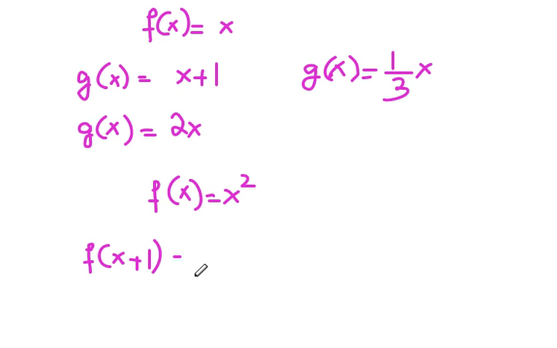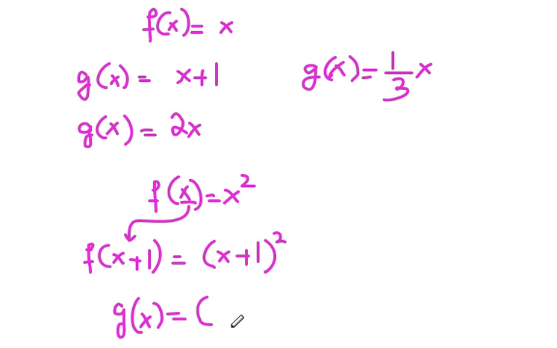Instead of this x value, I'm placing x plus 1 here. So I am transforming this function: instead of x, I am placing x plus 1. You can name it g of x, so g of x equal x plus 1 whole squared. So we added 1 to x.